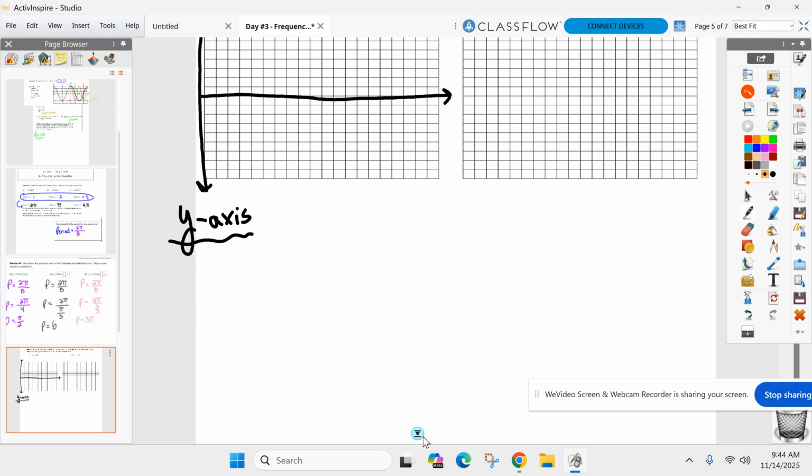What do you got? I got to find the max. Has to go on there. Keep going. The min and the what? Midline. Darn right. Those are the first 3 values I'm going to find, and those 3 have to go on my y-axis. You guys have had practice on this.